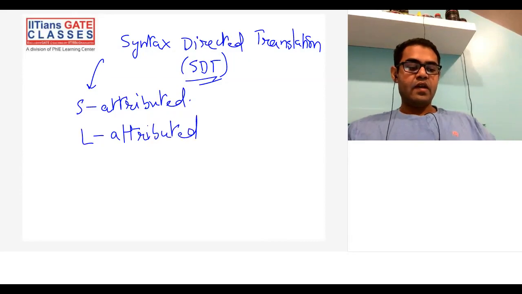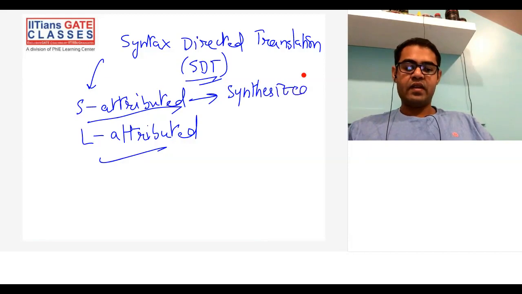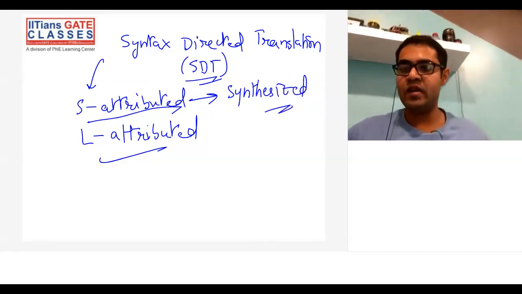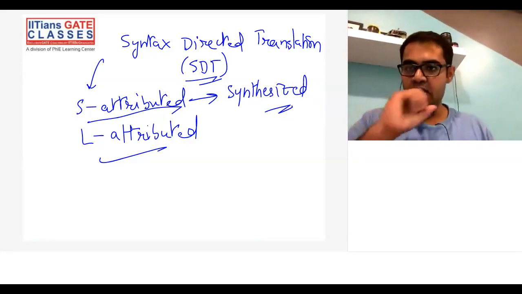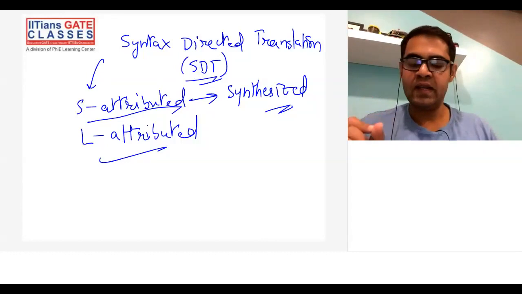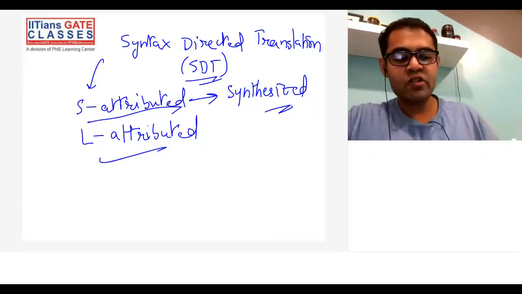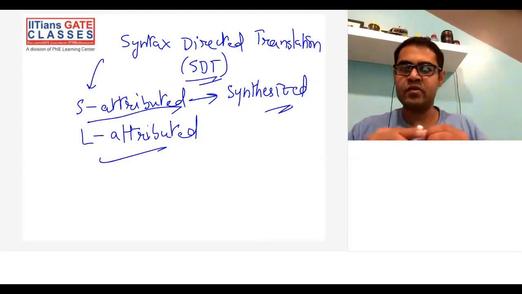Okay. So the definition is pretty simple. In SDT, S attributed SDT only uses synthesized attributes. Okay. So if some statement is mentioned and you want to say that statement is S attributed SDT, then it should only use synthesized attributes, and you know what the property of synthesized attributes is. Okay.